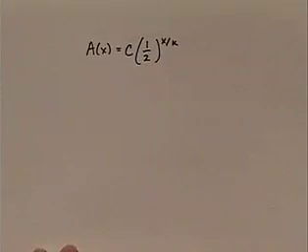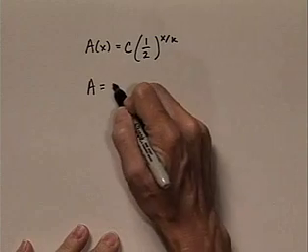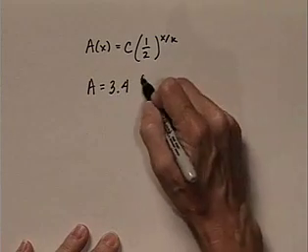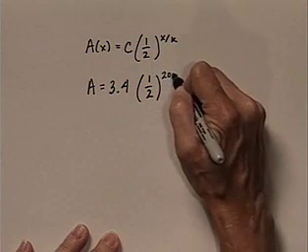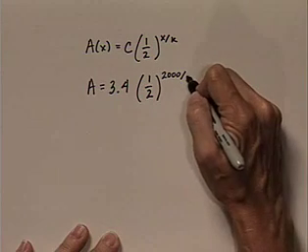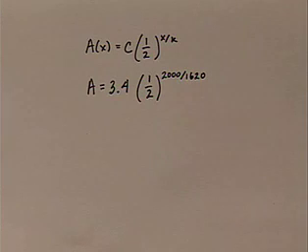Here's our model. We want to know the amount remaining, A. We start with an initial amount of 3.4 grams, 2,000 years are going to pass, and the half-life of radium-226 is 1,620. Let's put that into our calculator. We have 3.4 times 1 divided by 2, all of that to the parentheses 2,000 divided by 1,620.